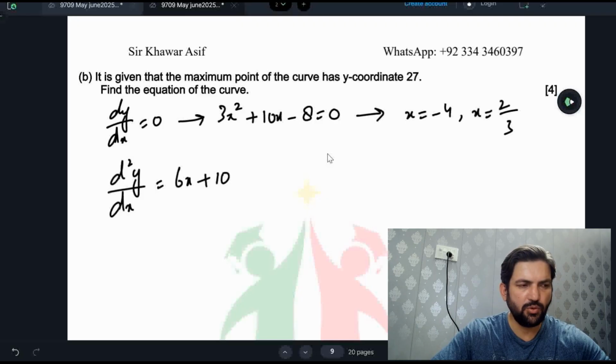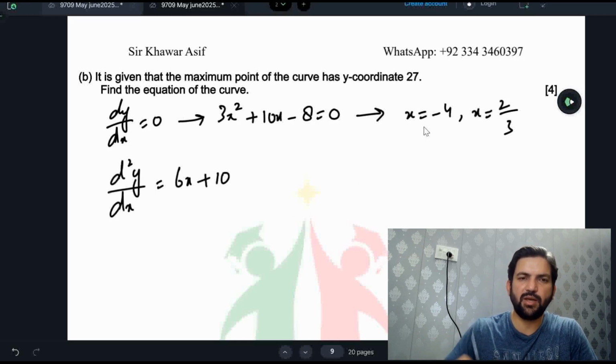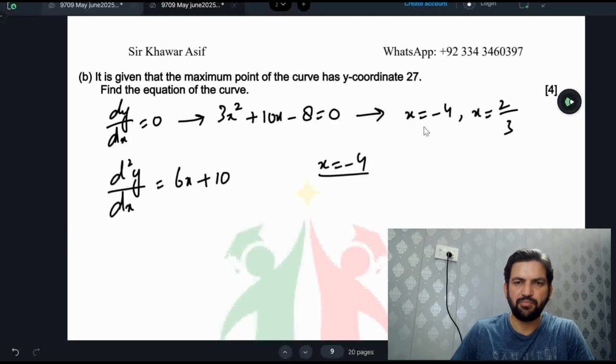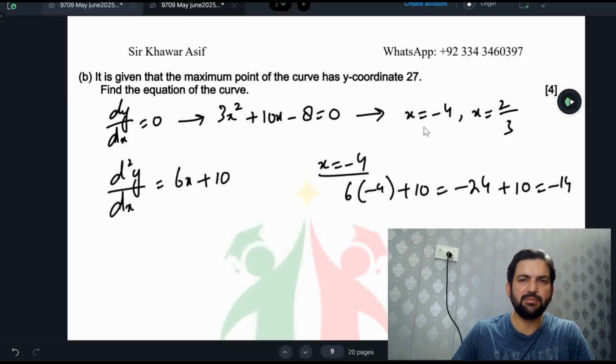If x is equals to minus 4, d square y by dx square, we have to recheck this one. When x is equals to minus 4, we can see which point is the maximum one and which point is the minimum one. So 6 into minus 4 plus 10, which means minus 24 plus 10, which means minus 14. It means that this point is the maximum point.